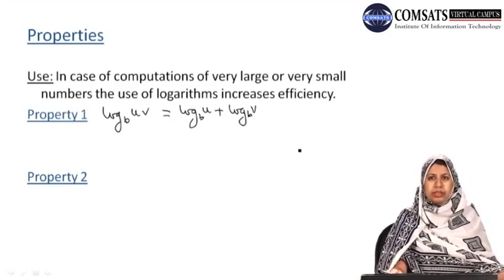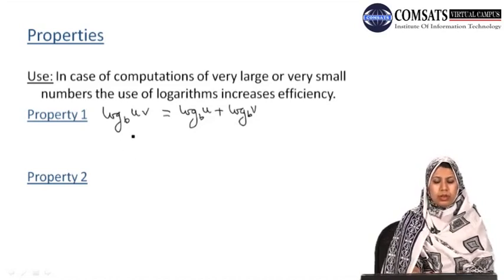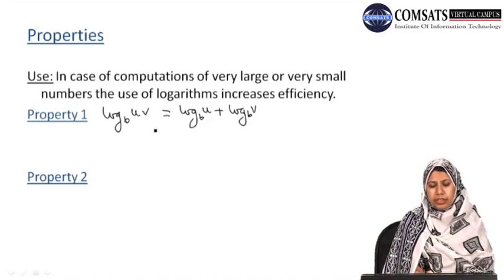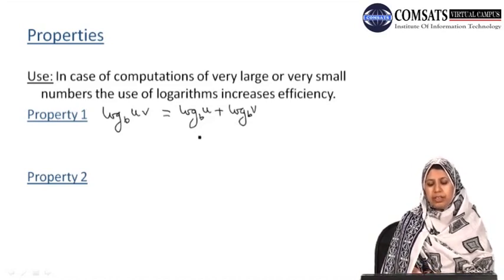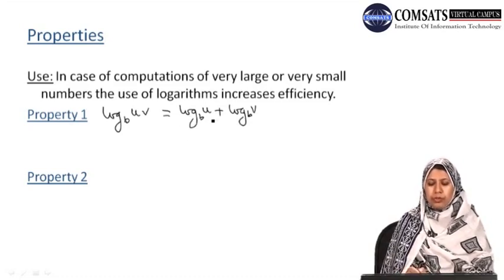What we are trying to say in this property is that the log of the product is the same as the sum of the respective logs, that is, log of u and log of v.